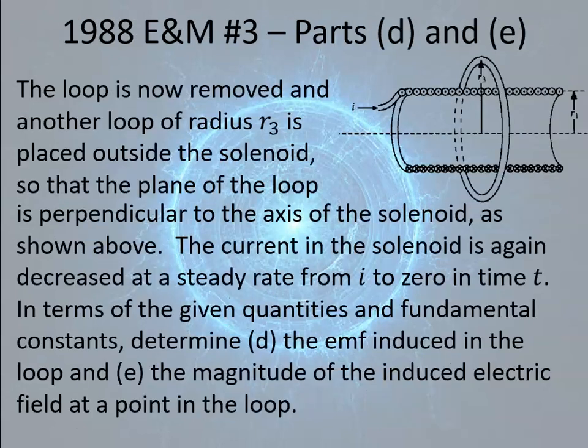Now, moving on to parts D and E. We get rid of the little loop, and now we make it a big loop. They want the induced EMF in the big loop and the magnitude of the induced electric field at a point in the big loop. Notice that the big loop is surrounding our solenoid.